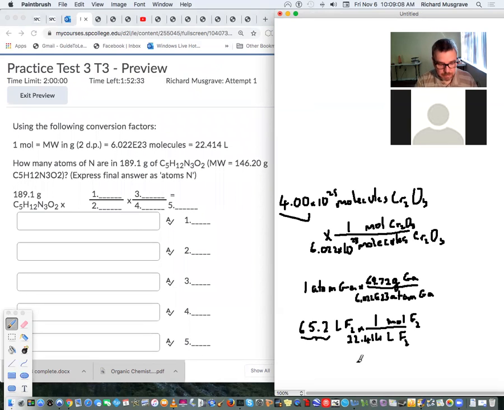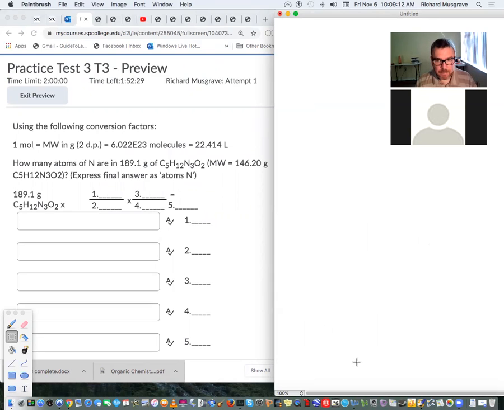The next one. 189.1 grams. And I know this looks complicated. C5H12N3O2. It's really just handled pretty much like any of these other problems. Now, this is going to be 2 steps.